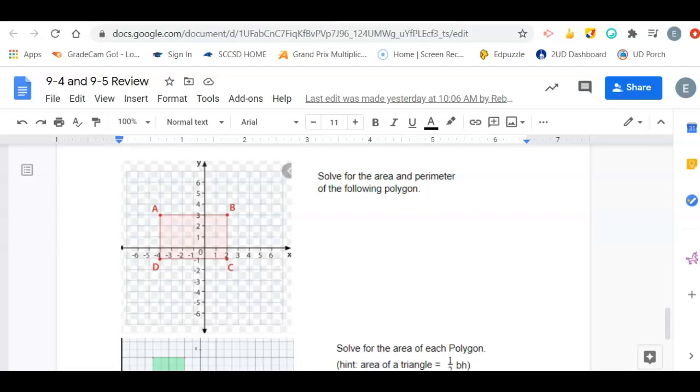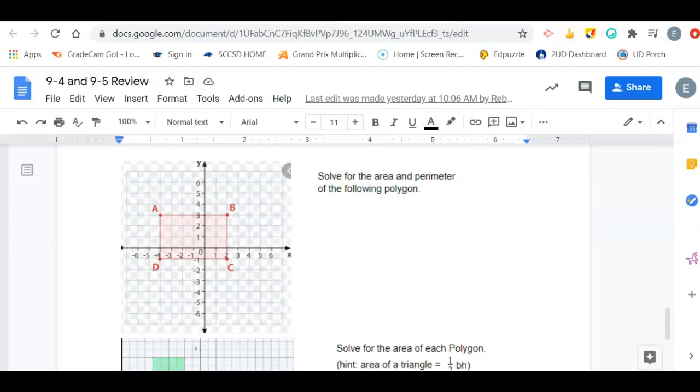Sydney? Good, we can find area. What else can we find? Jack? Good, we can find perimeter using distance, okay, which is really important. So what I'd like for you to do on that first one is find the area and perimeter of that polygon.